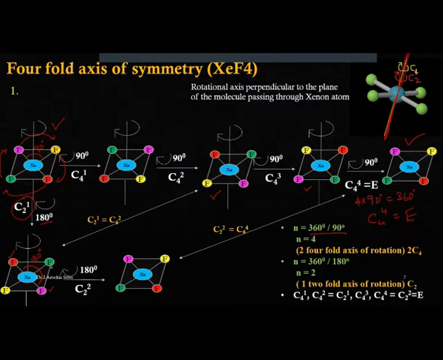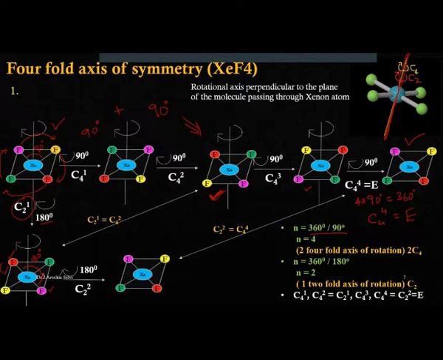So you could observe one interesting factor: 90 degrees plus one more 90 degrees. When it is done, what is the configuration you obtain? Can you see this configuration? Are they the same or not? Yes, they are the same. So when we perform 2 times 90 degrees, we get this configuration.